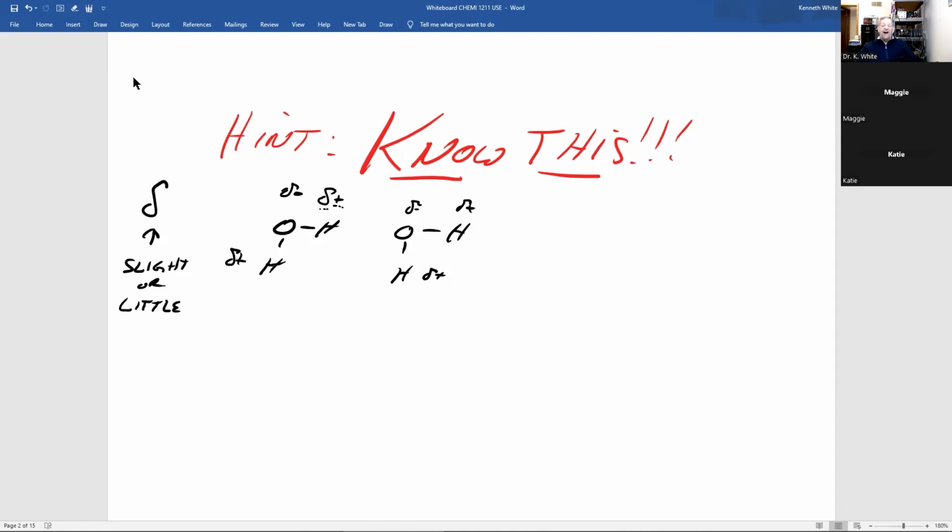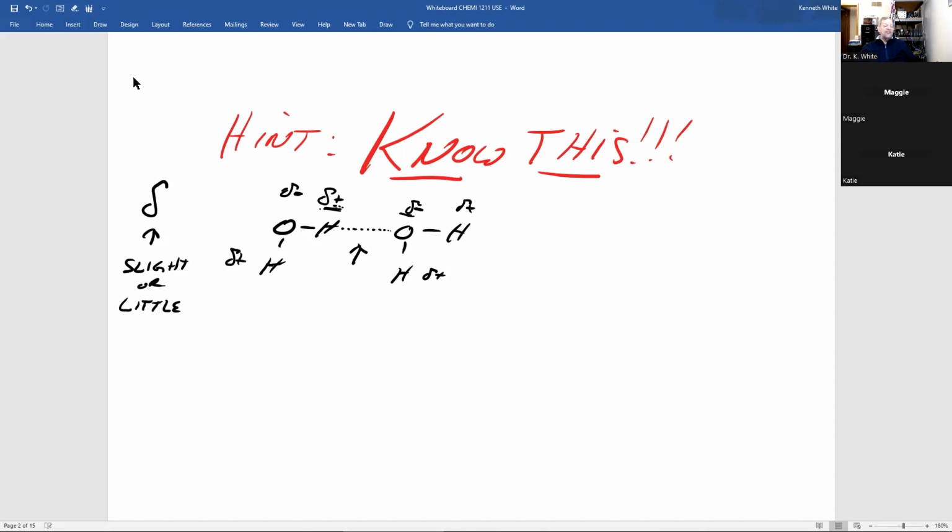Now, it turns out opposites attract. Here we have a slight positive charge on this hydrogen and a slight negative charge on that oxygen, and there's a slight attraction. This is not a full ionic bond, but it is a force between the two. That's what those dotted lines are.